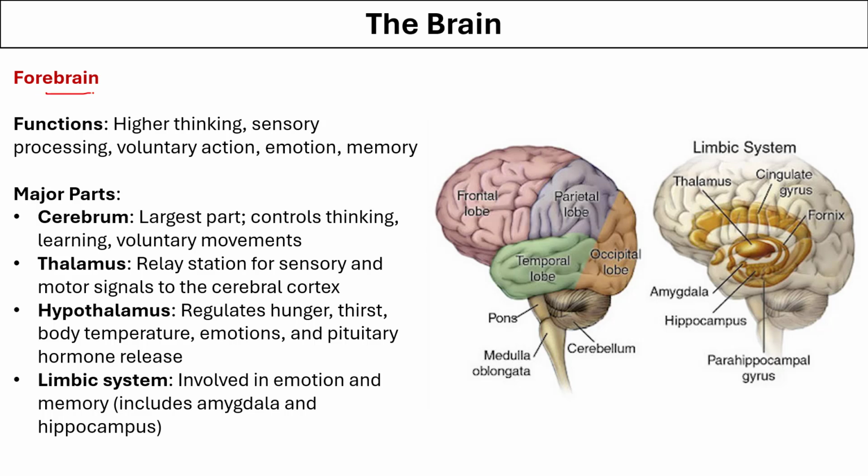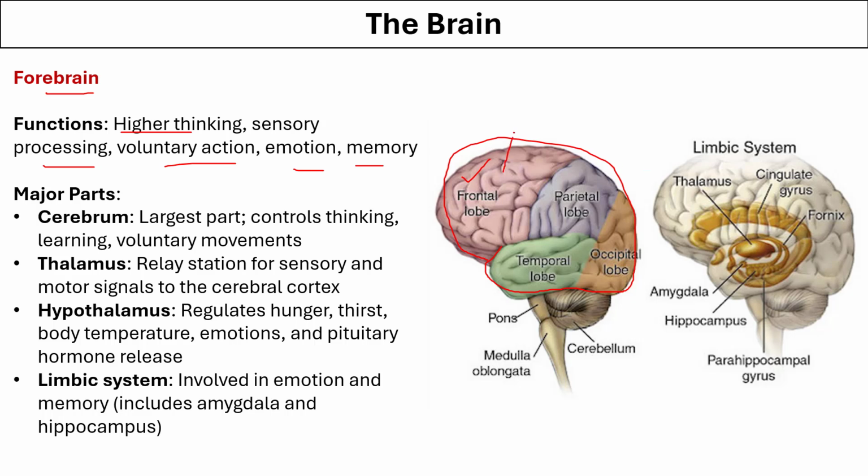First is the forebrain. The forebrain is associated with higher thinking, sensory responses, voluntary actions, emotions, and memory. The forebrain has these main parts. The first, the big brain that is visible from outside and has all these folds, is called the cerebrum. It's mainly associated with thinking, learning, and voluntary movements.